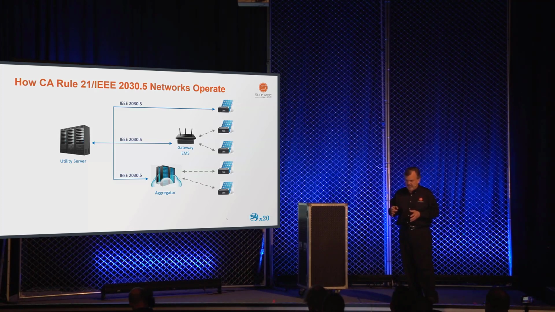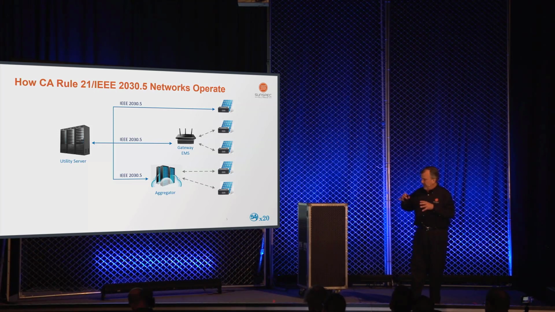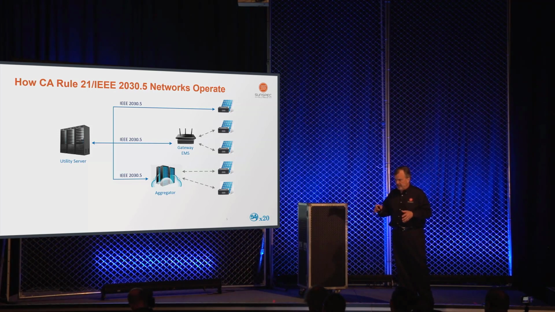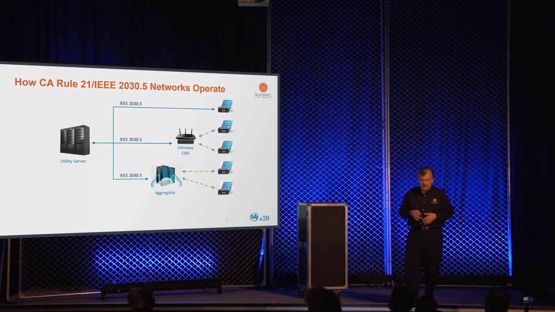One is through an energy management system, which may be on a premise, so this is for a large campus. And for the residential systems, most of those will be aggregated. And so you can have these aggregated systems that may represent 50,000, 100,000 or more units at any one time. Now, the pathway, at least as it stands today, for the 2030.5 protocol is between the utility server and the next closest hop.